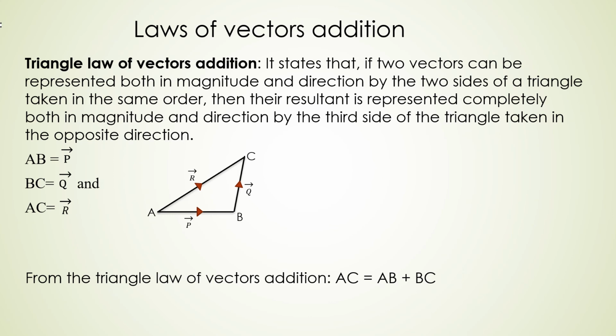But the resultant R is given by the third side AC of the triangle, as you can see in the diagram. It is taken in the opposite direction or the opposite order. From the triangle law of vector addition, we can write the resultant AC is equal to AB plus BC. This is the law of vector addition.